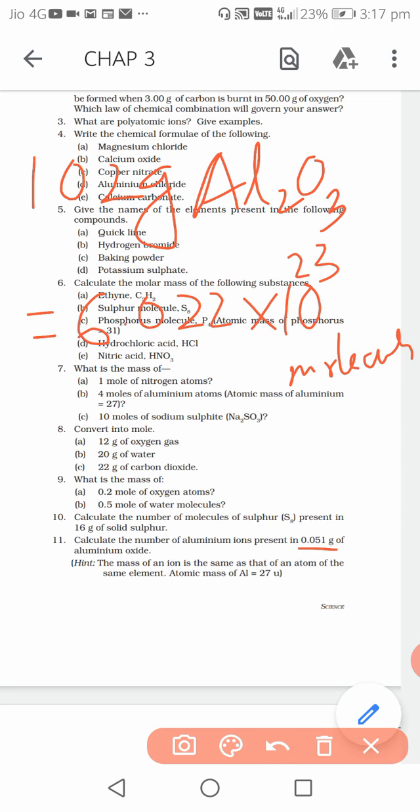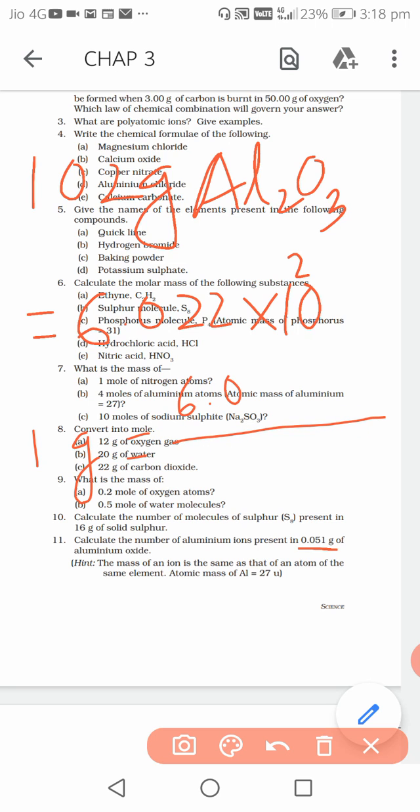Next, how much gram is given? This much. So we will use the unitary method. 1 gram will be how much then? How many molecules? 6.022 into 10 to the power 23 divided by 102, this many molecules.